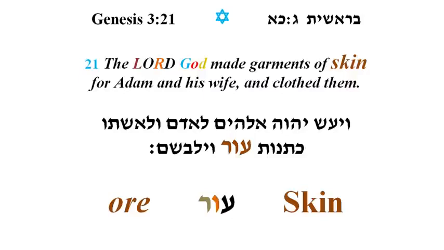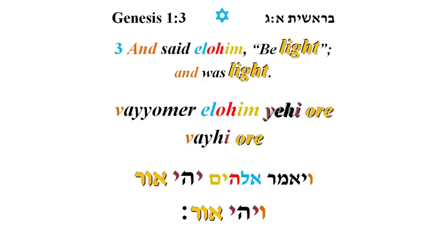And this word or, we see a version of this back in Genesis 1:3. It says, and God said, be light, and light was. Vayomer Elohim yehi or, vayi or.